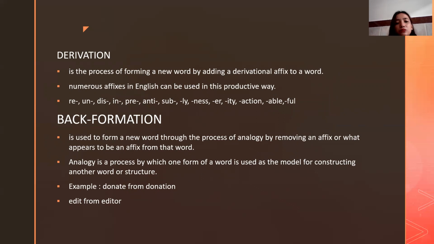Back formation is used to form a new word through the process of analogy by removing an affix or what appears to be an affix from that word. Analogy is the process by which one form of a word is used as the model for constructing another word or structure. Example: donate from donation, edit from editor.